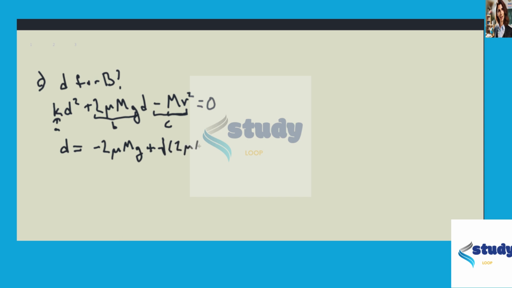So 2 mu mg squared, here's our b squared, minus 4 ac. So that's k mv squared, divided by 2a. A is k. Easy enough. And then we just plug all of these things in.